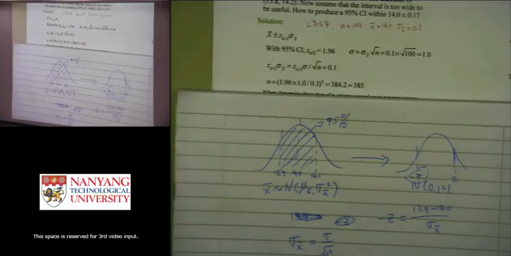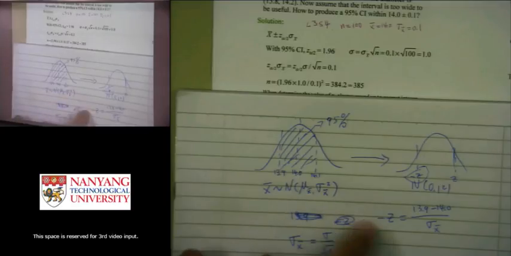You just use the power of silence and force me to make some mistake. Okay, let's see something wrong. No. We get this. Because sigma x bar equals 0.1.